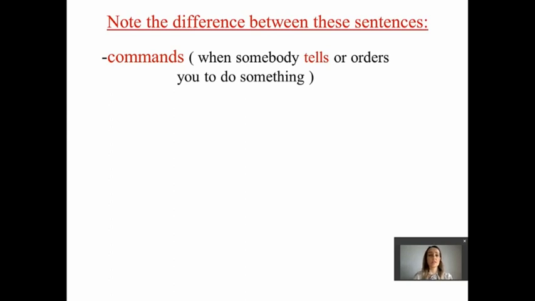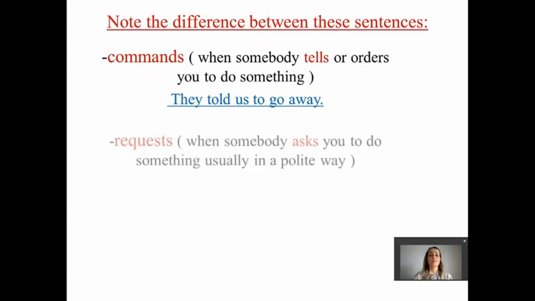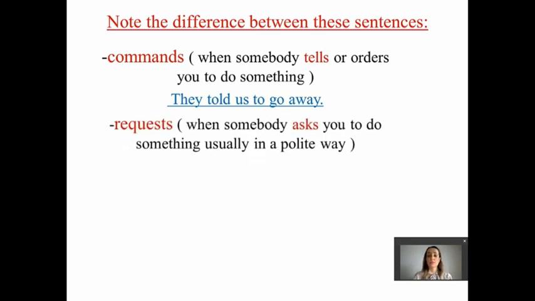Commands. Let's see what the commands are. Commands are when somebody tells or orders you to do something. For example, they told us to go away. Requests are when somebody asks you to do something, usually in a polite way, usually politely.